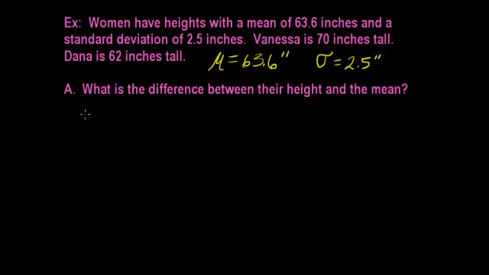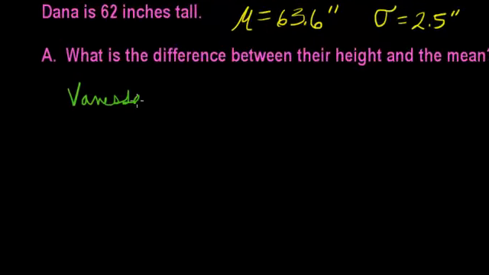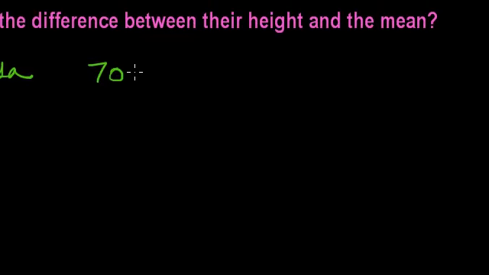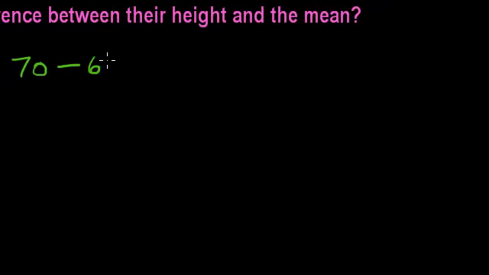Okay, so for Vanessa, what's the difference between her height and the mean? Well, Vanessa is 70 inches tall. The difference between her height and the mean height is 6.4 inches.